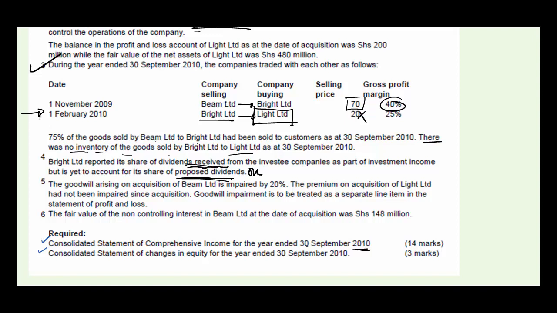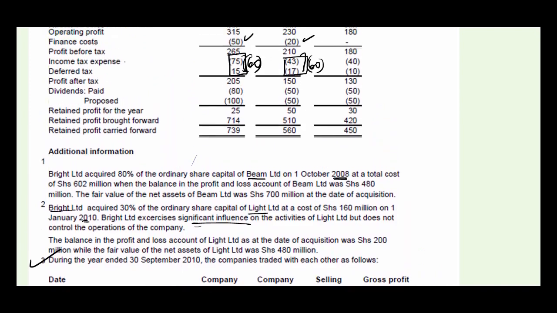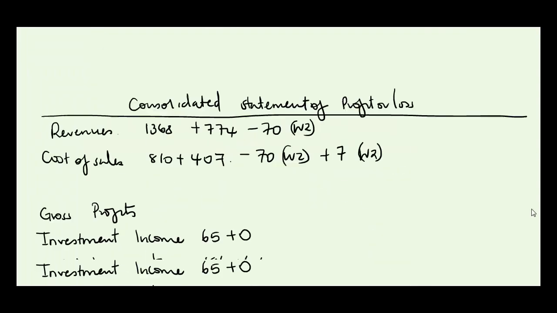So the question then becomes, what is our share of the dividends that have been received? So let's look at it here and see the dividends paid. There was 50 there and 50 here. Remember, our shareholding is 80% here and 30% here. So these dividends must have been received and accounted for under our income as a group. We need to eliminate that.